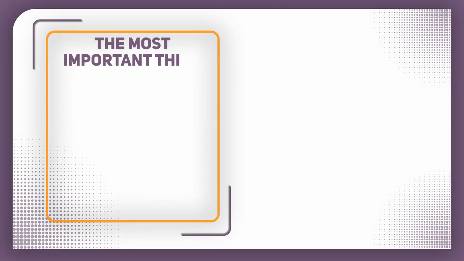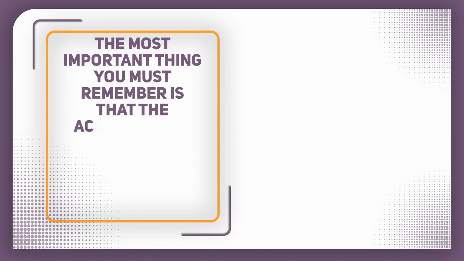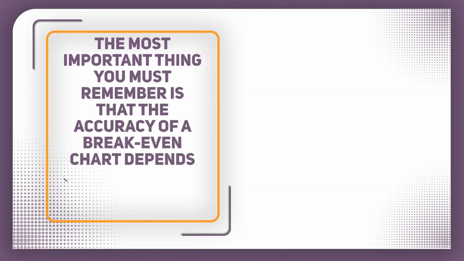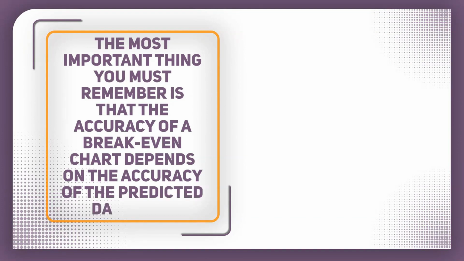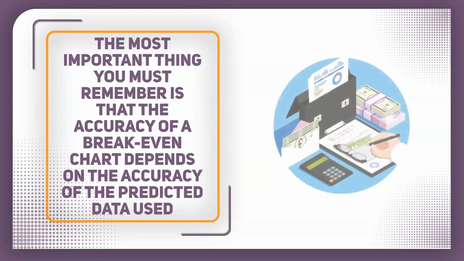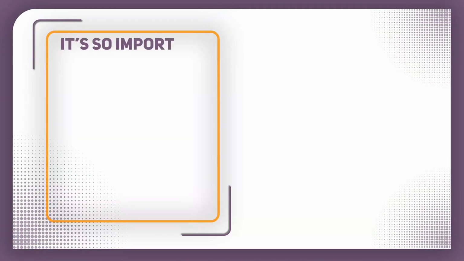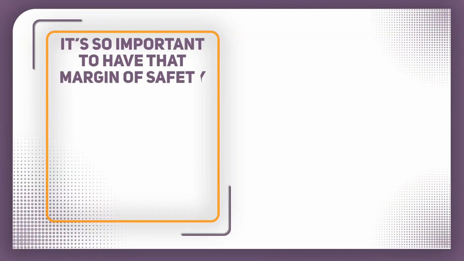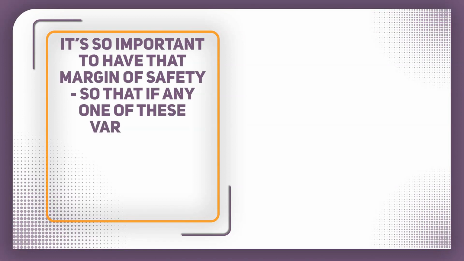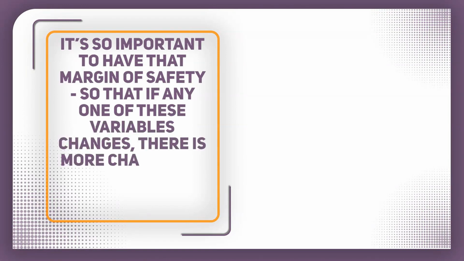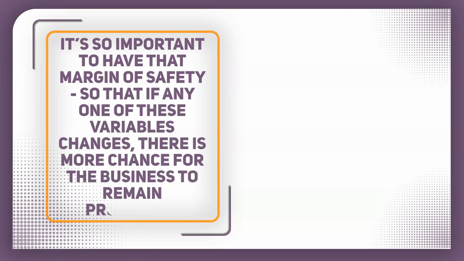But the most important thing that you must remember is that the accuracy of the break-even chart depends on the accuracy of the predicted data used, the predicted prices, the predicted variable costs, and the predicted fixed costs, and that this is often less predictable for a new business that hasn't actually started up yet. And this is why it's so important to have that margin of safety, so that if any one of these variables changes, there's more chance for the business to remain profitable.